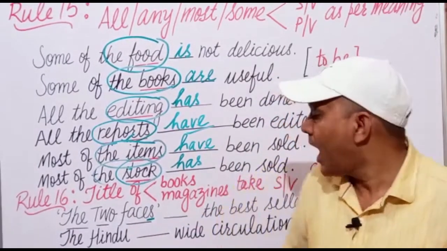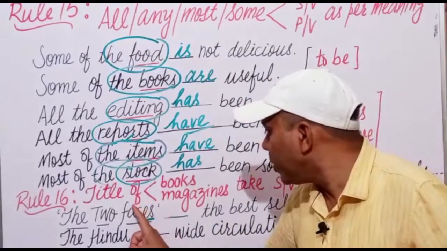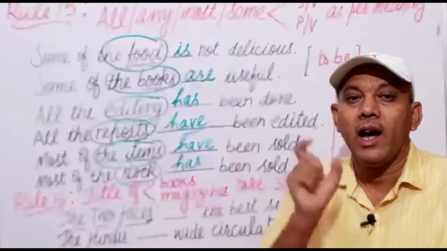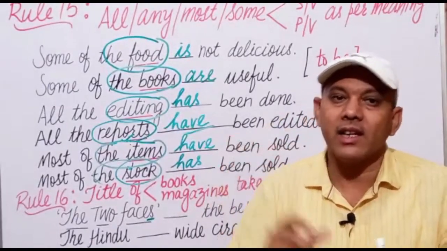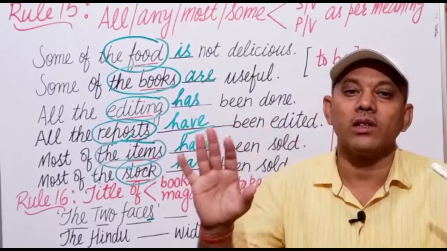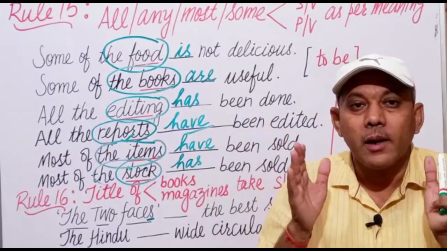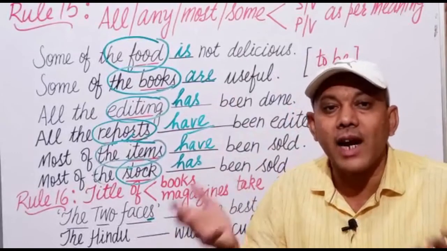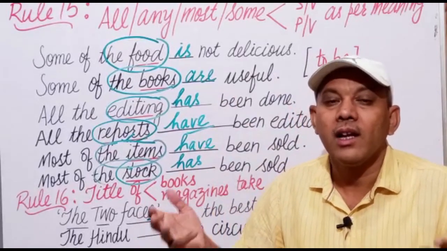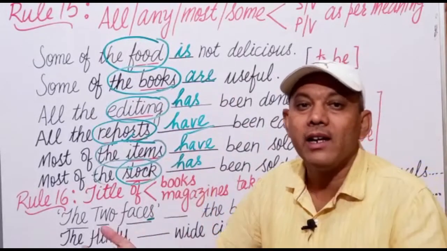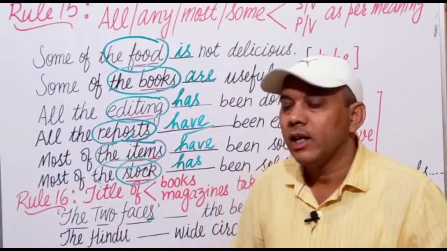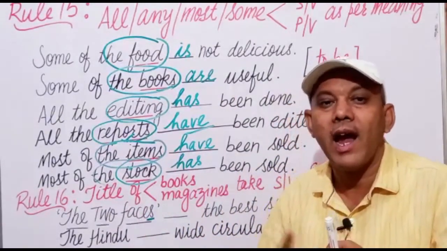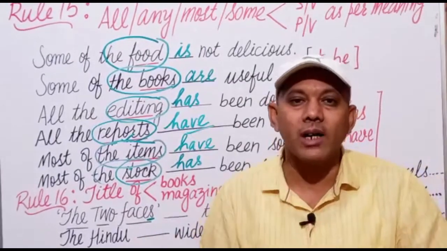But आपको ये किसी भी बुक या मैगजीन या किसी डेली न्यूज़पेपर के टाइटल के एंड में एस देखकर कंफ्यूज होने की जरूरत नहीं है. दिस डज नॉट मेक इट प्लूरल because this is just the title of a book, a novel, a magazine, or a daily newspaper. So this refers to a singular subject and it takes a singular verb.